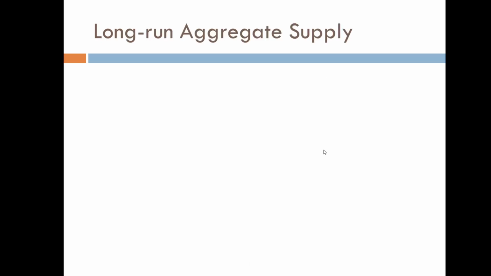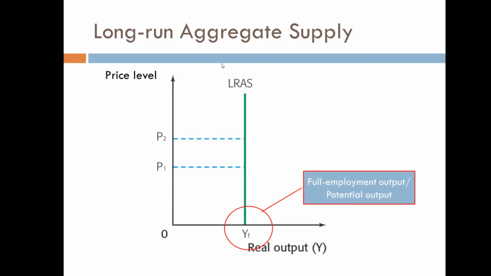But in the long run, there is a supply curve for the long run, and you cannot think about this supply curve logically, because it has its philosophy behind this idea here. So take a look at this. When it comes to the long run aggregate supply, it's going to look like this.